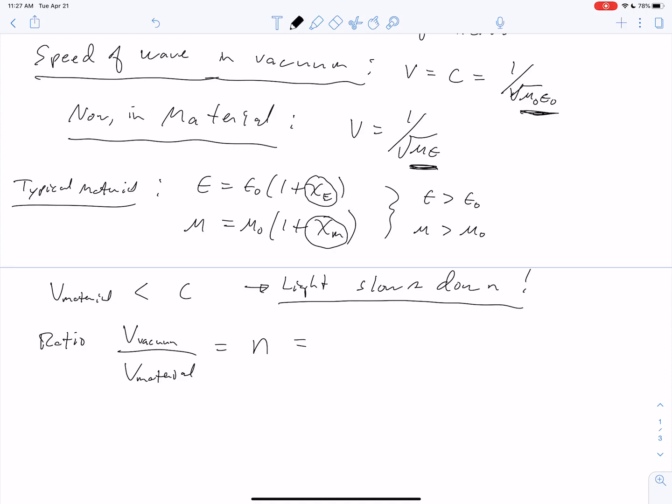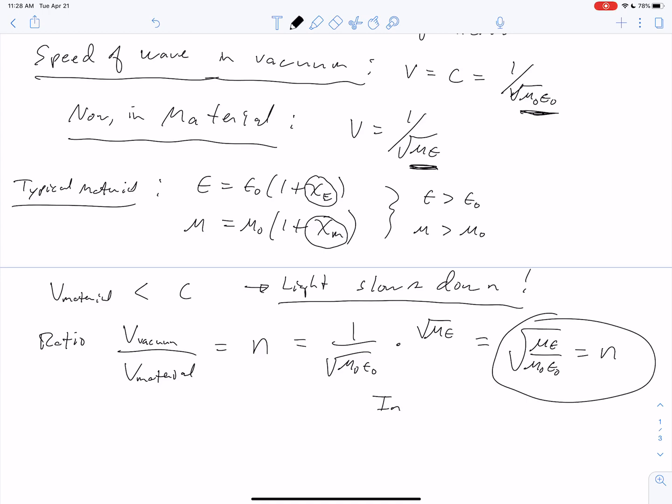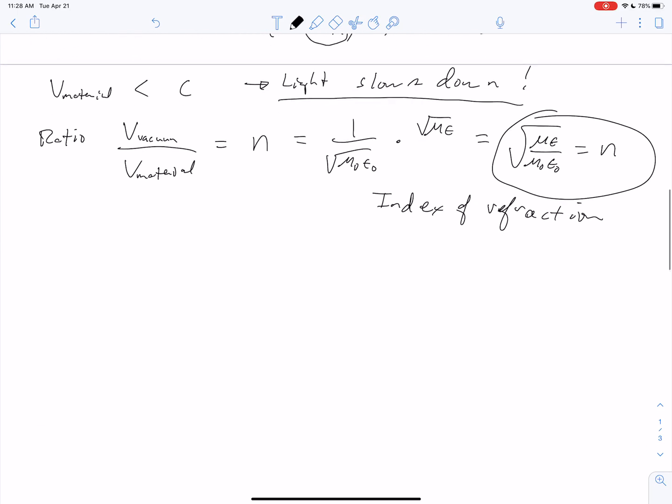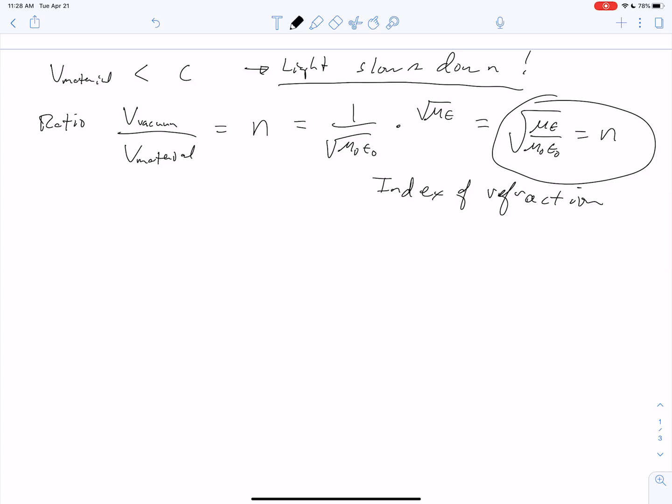The velocity in vacuum is 1 over the square root of mu naught epsilon naught, and in the material it's 1 over the square root of mu epsilon. Because it's in the denominator, I flip it, and so the ratio of those velocities is the square root of mu epsilon over mu naught epsilon naught. That is so important that we give it a name: n, the index of refraction. Let's spell it all out: index of refraction.